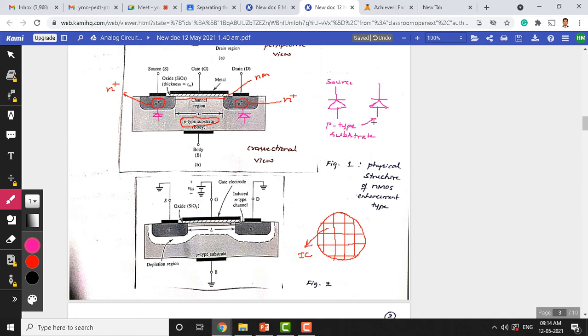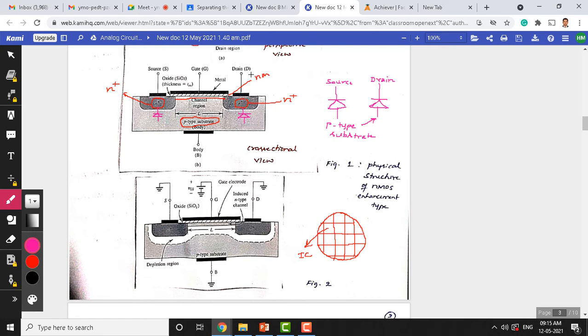This is same as this, and on the other side we have a drain region. So this kind of PN junctions can be seen within the MOSFET. Sometimes we call these parasitic elements, because they reside in another device, which in this case is a MOSFET. And during normal operation, they remain turned off at all times, because in normal operations we know that we keep the drain at positive voltage with reference to source.